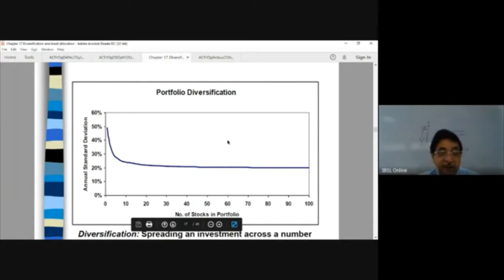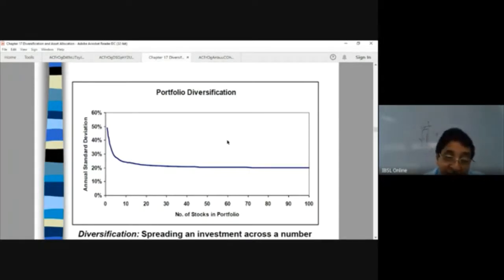So there's a particular risk which we cannot reduce by adding assets. This adding of assets is an action we do for portfolios. We call it diversification. We add different assets to the portfolio. If you do diversification and reduce risk, that can be done up to a certain level only.